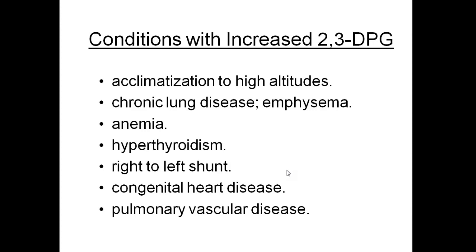And reverse all these conditions for the shifting of the curve to the left side. But to this add fetal hemoglobin or HbF. So all those conditions opposite to the shifting of the curve to the right will be shifting the curve to the left.